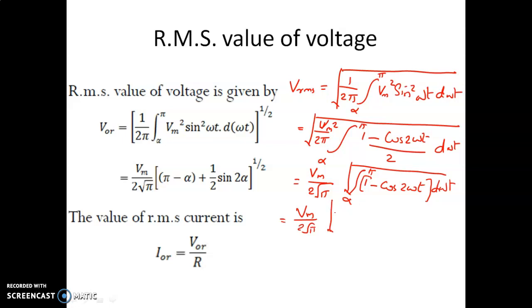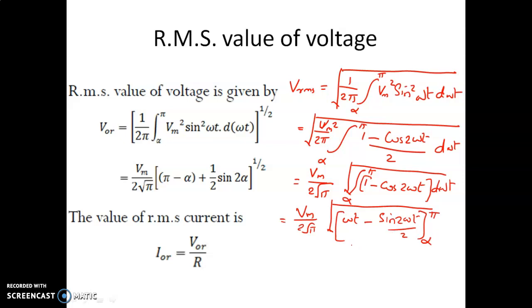Then when we are integrating 1 we will get omega t, minus, when we are integrating cos 2 omega t, that will become sin 2 omega t by 2, in the interval alpha to pi.